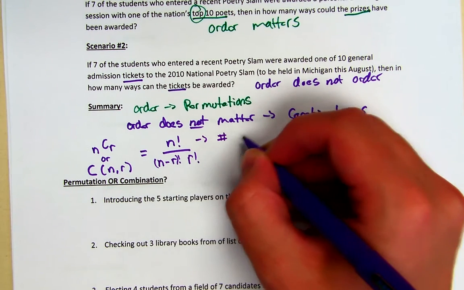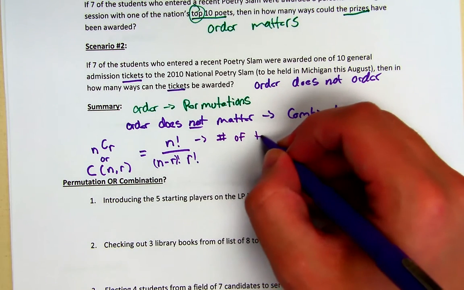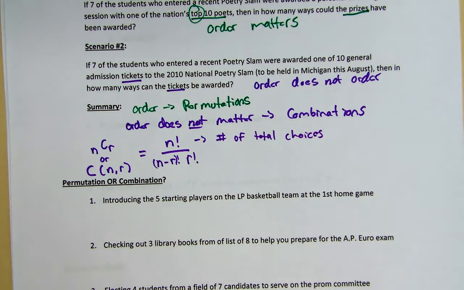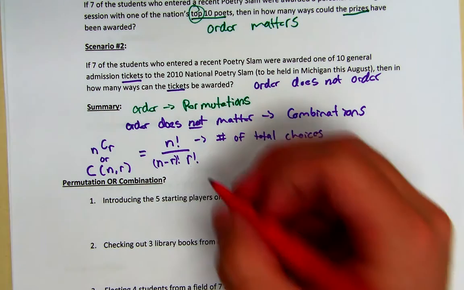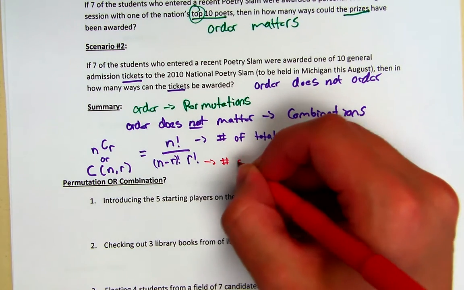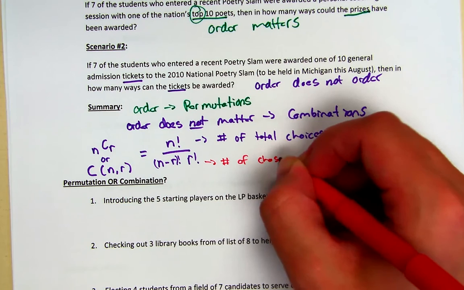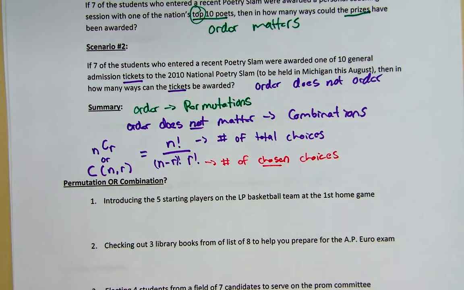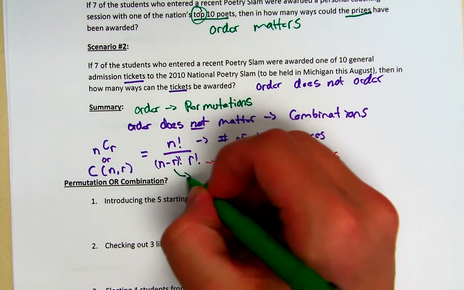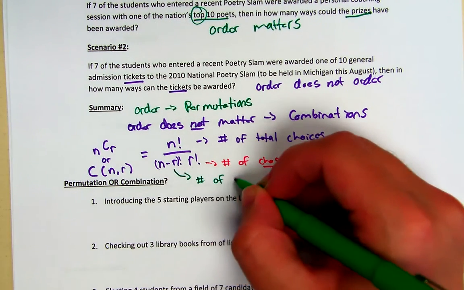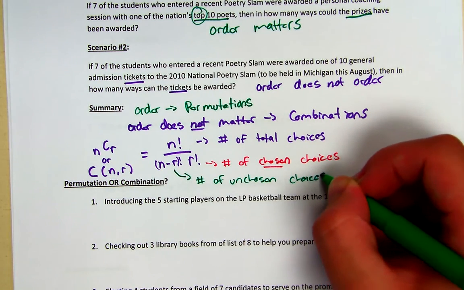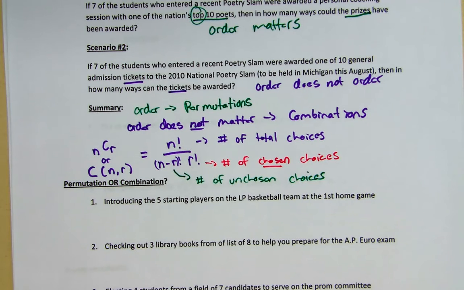Again, the number of ways of total choices over the number of chosen choices and the number of unchosen choices. So we've got to figure this out by using all those different parts.